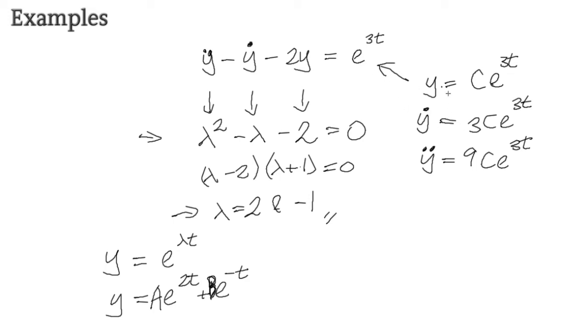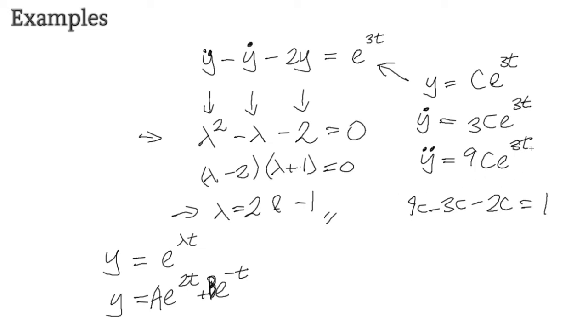So now we have y dot and y double dot, and we can use that to our advantage and calculate C. We substitute in the derivatives and get an expression of 9C take 3C take 2C equals 1.